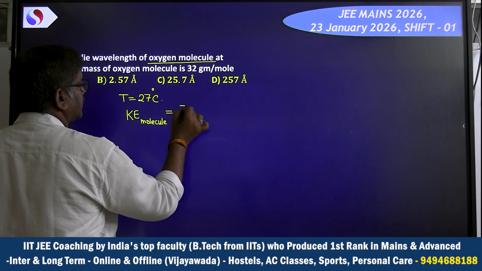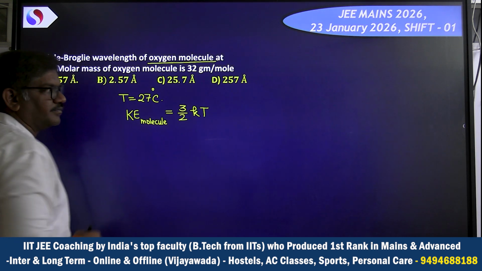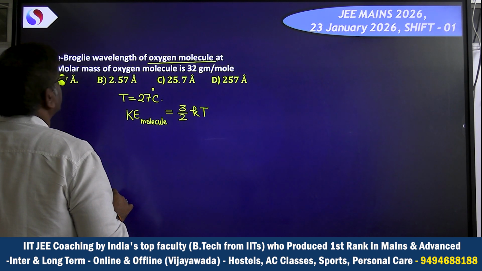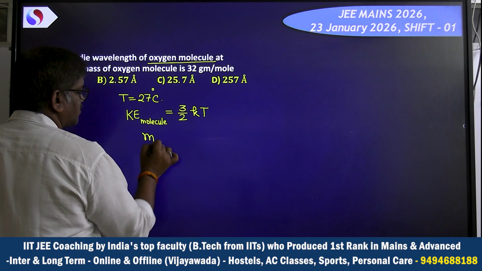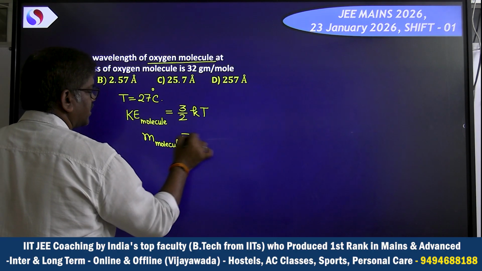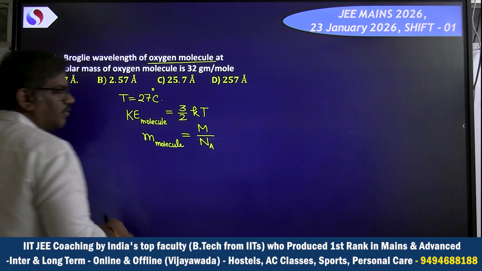That is 3 by 2 kT. And molar mass is also given. So what is the mass of one molecule? It is the molar mass divided by Avogadro number, or 1 mole.